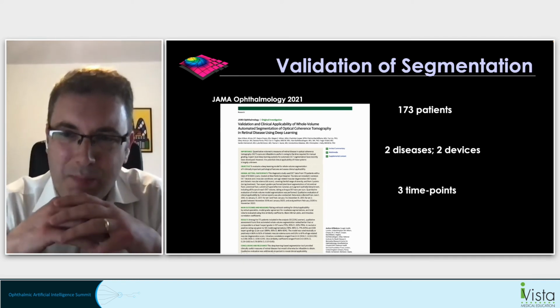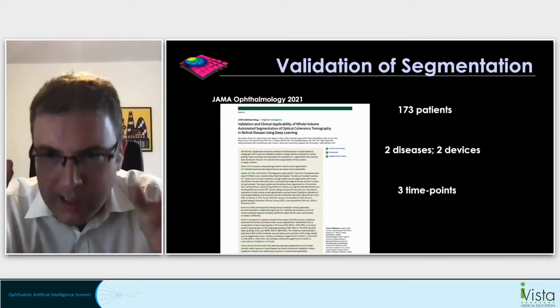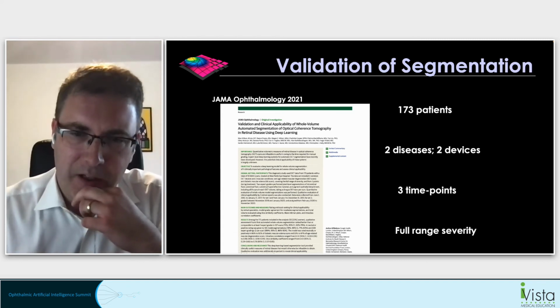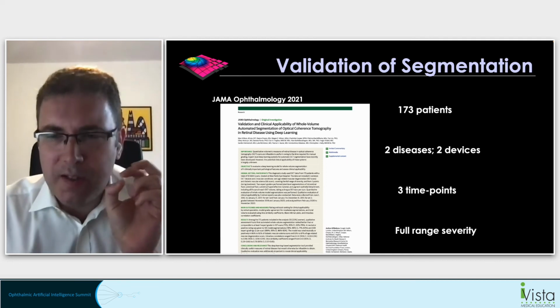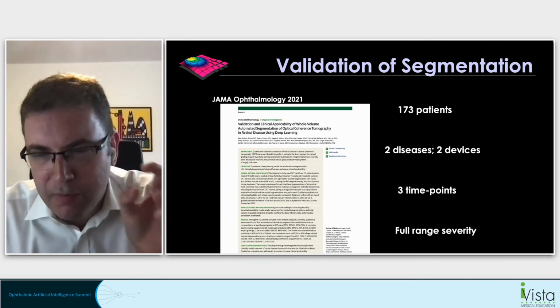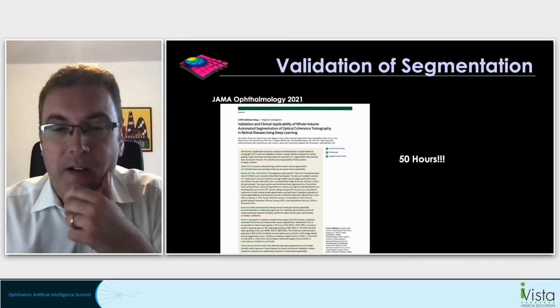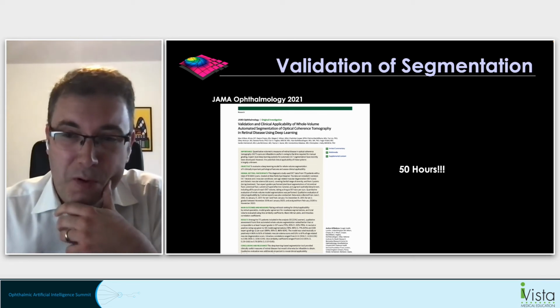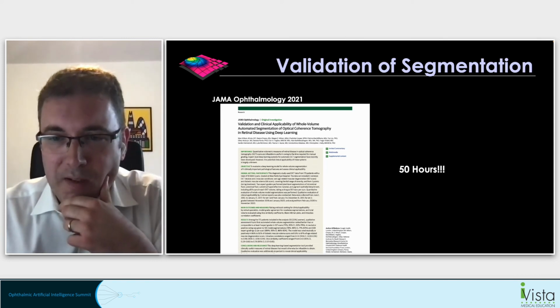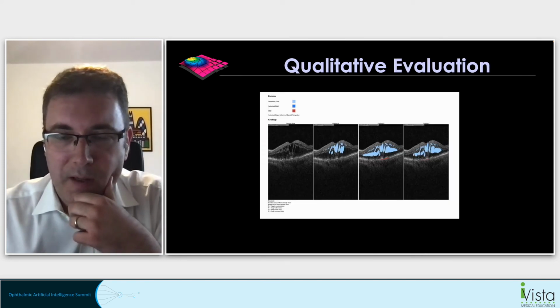We deliberately took really morphologically challenging cases. Essentially we did the full range of disease severity, and we did really good reference standard grading for those tests. In fact, we spent up to 50 hours doing manual segmentation of just one OCT volume in many cases to try and get the best possible reference standard.